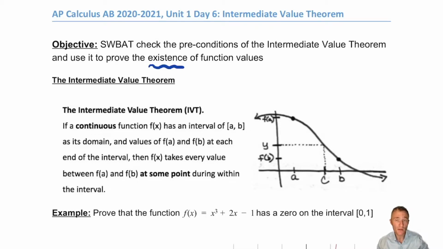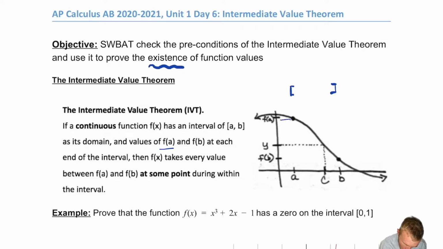So what the intermediate value theorem says is, if a continuous function, so a smooth function that you can draw the entire thing without lifting up your pencil, no breaks, no jumps, no vertical asymptotes, has an interval of a to b as its domain. So here would be our domain from a to b, and values of f of a, I'll underline these so you can see them. F of a, that's your output, that's your y value.